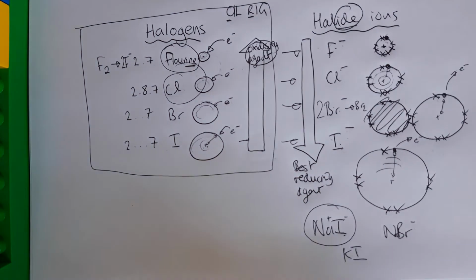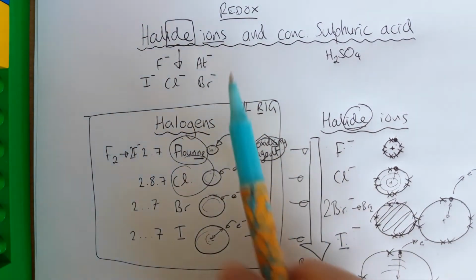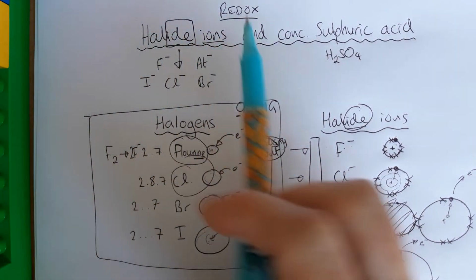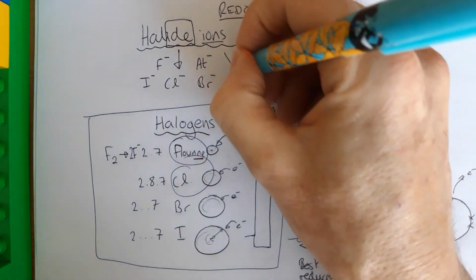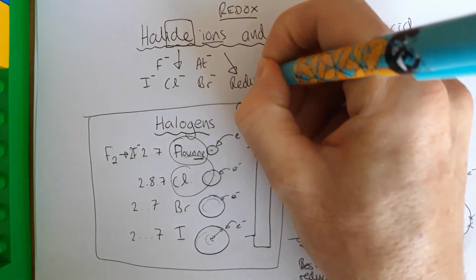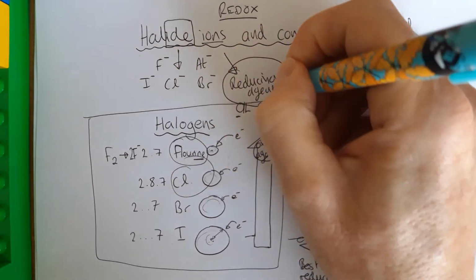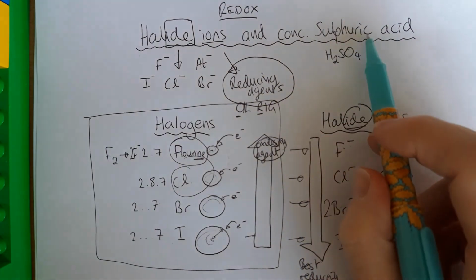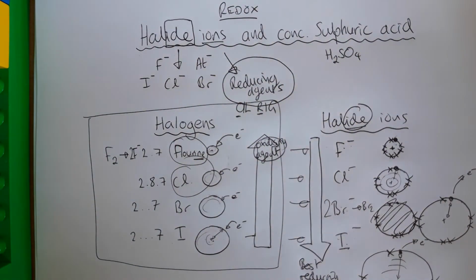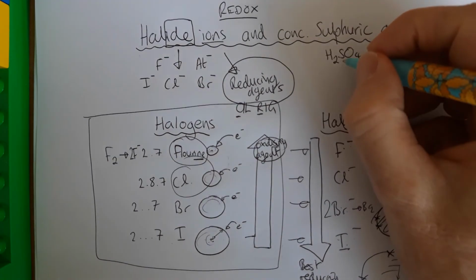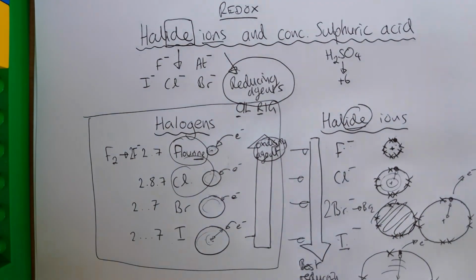All right. So that's a little setup there for the rest of this topic, which is talking about these reactions between these halide ions, in other words, these reducing agents, and concentrated sulfuric acid. Now, the reason we're using concentrated sulfuric acid, the sulfur in sulfuric acid has got an oxidation state of +6.